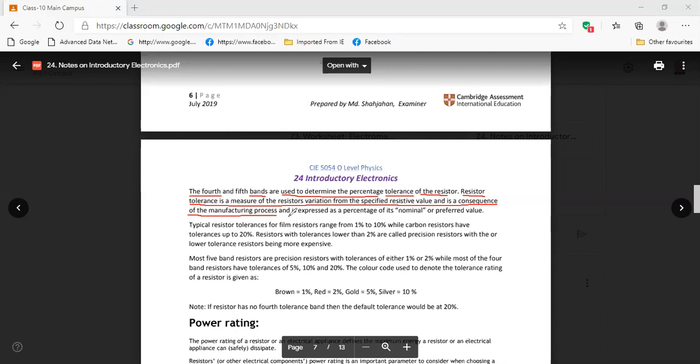Now you write the heading tolerance. After writing the tolerance heading, you write whatever I underlined.